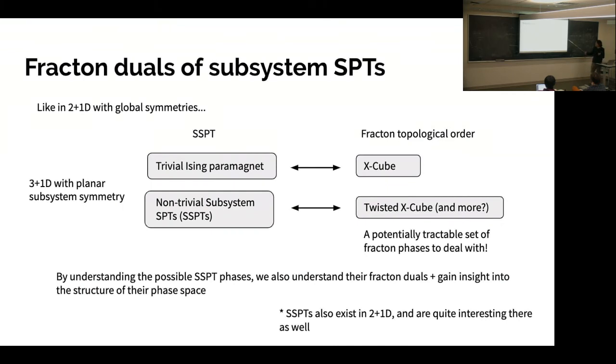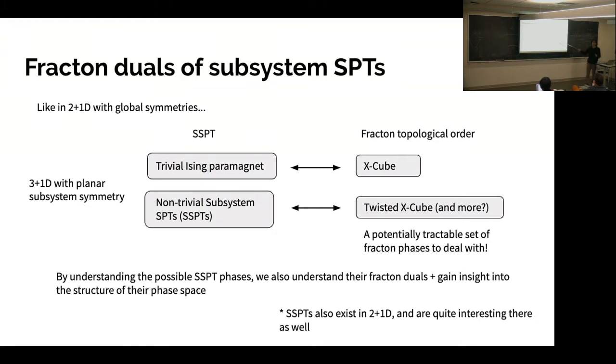And in exactly the same way as with global symmetries that I showed before, if you start off with a non-trivial subsystem SPT, you go through this gauge duality, you end up with some twisted X-cube model. And this class of Fracton models is what I want to focus on.